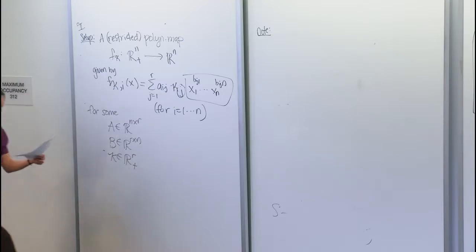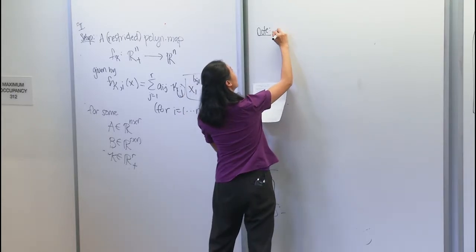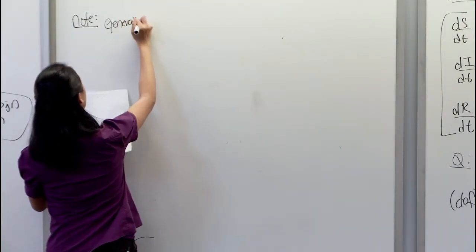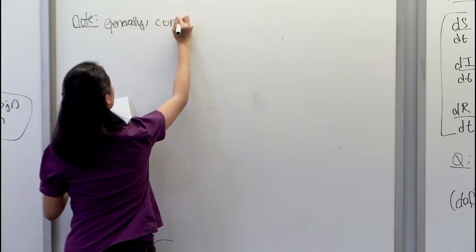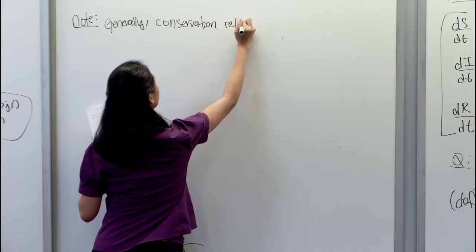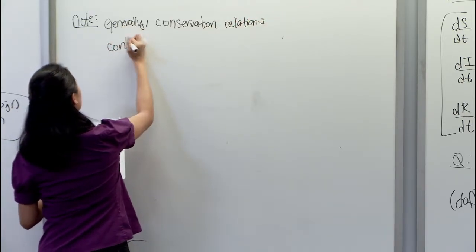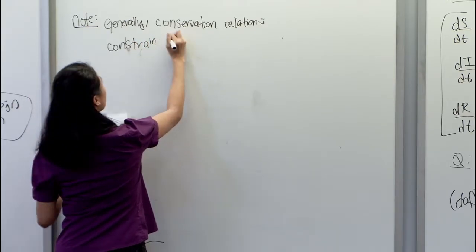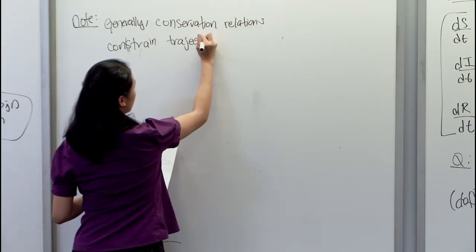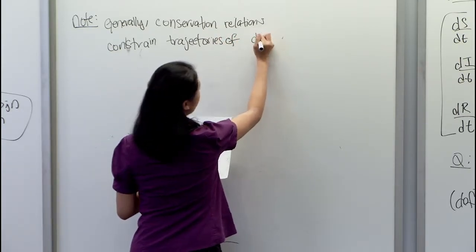So note, generally, conservation relations constrain trajectories of the solution to the ODE system.